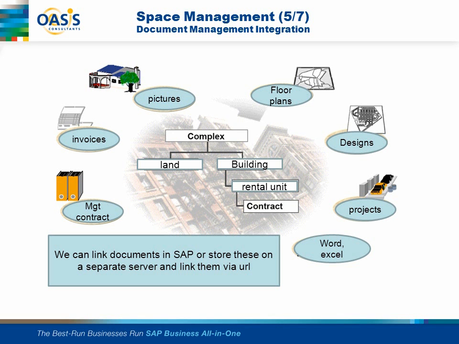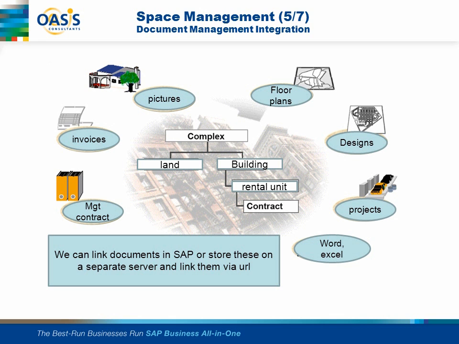Now, what is also important is that normally on a building, on a floor, and all these kinds of rental objects, you normally have a lot of information, a lot of documents, and therefore SAP is providing a totally integrated document management solution. What can those documents be?